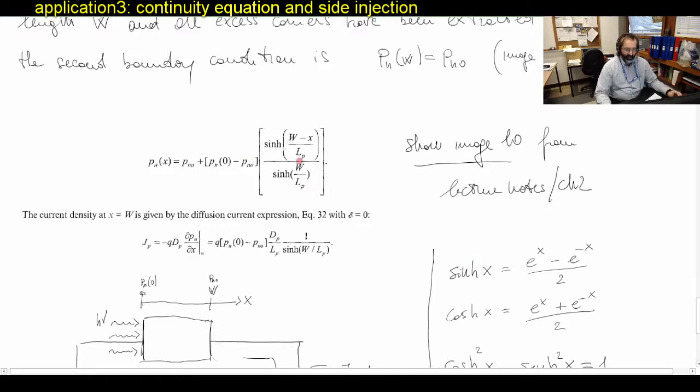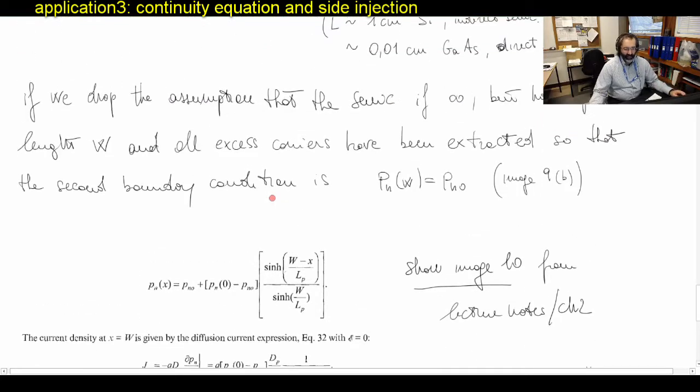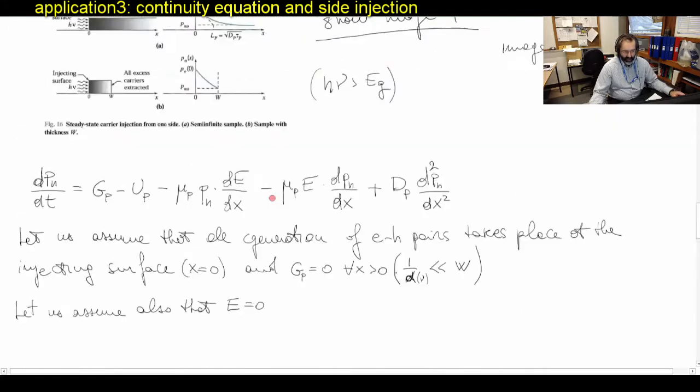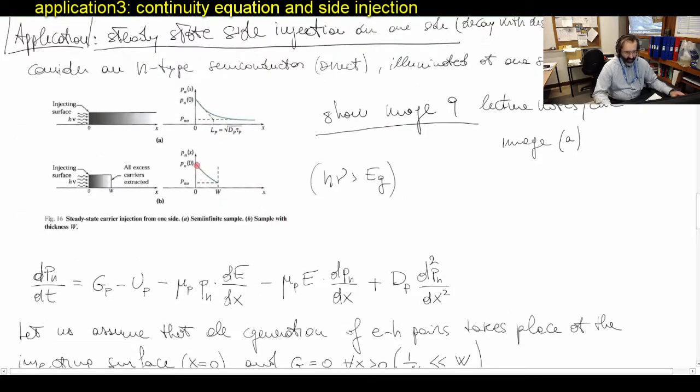What is important to note is that this solution is telling us that Pn as a function of x is going down like that now, which, based on the boundary conditions we had, is absolutely what we would have probably expected.